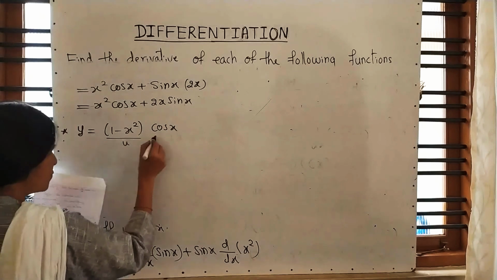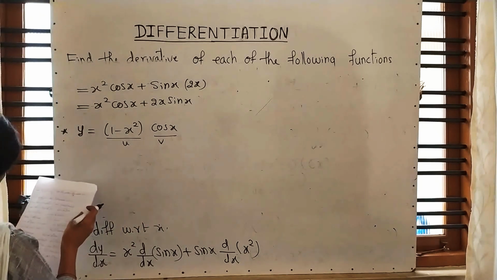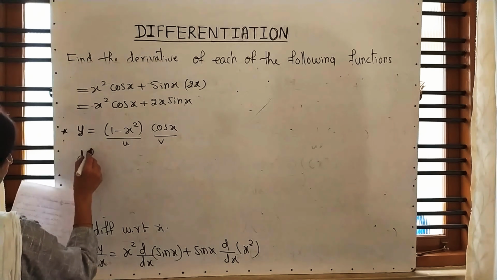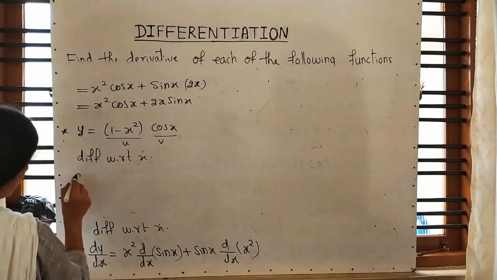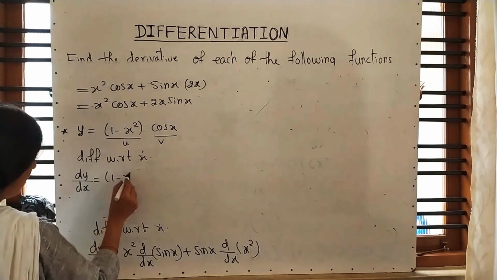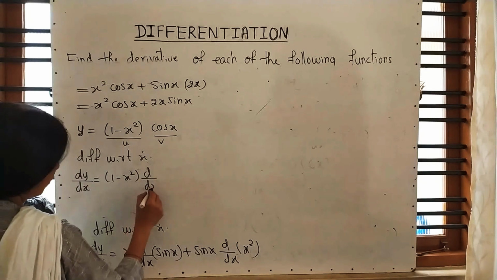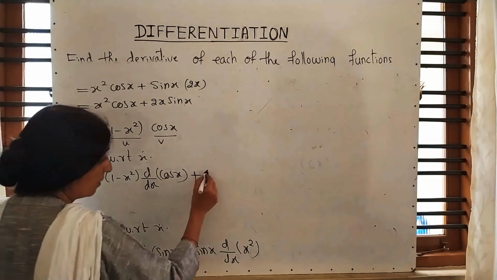This is u, this is v. First apply product rule. U into differentiation of v. And in the middle plus comes, remember that is important.